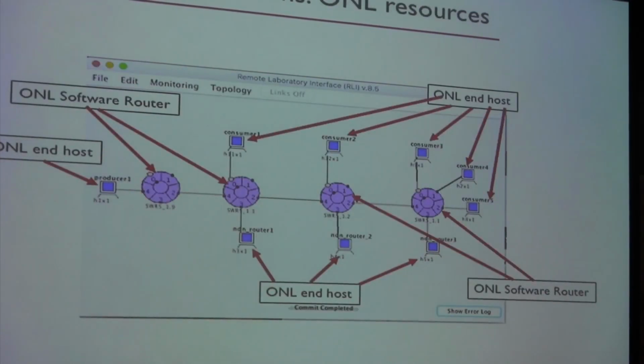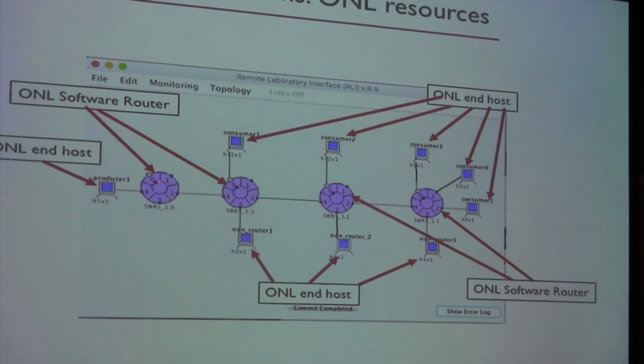So the way this all works, I allocate a set of ONL resources. So here I have a set of end hosts around the outside, and these are just rack mount servers that I get allocated to my experiment, that I reserve and are dedicated to me. No one else is going to be using these hardware resources while I'm doing my experiment. In here I have a set of software routers.